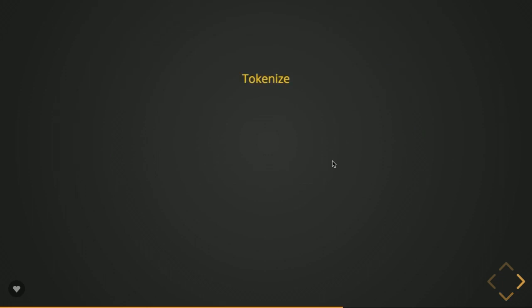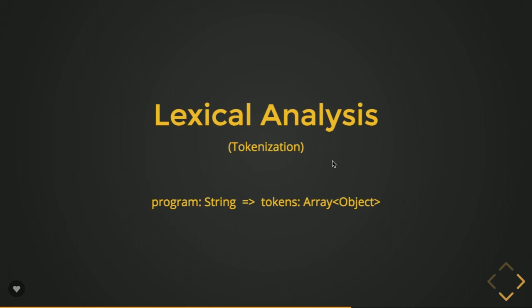Babel is a compiler, and compilers are no longer monolithic, and they operate in stages, 4 stages more or less, which we'll go through one by one. The first stage is lexical analysis, which is also called tokenization.